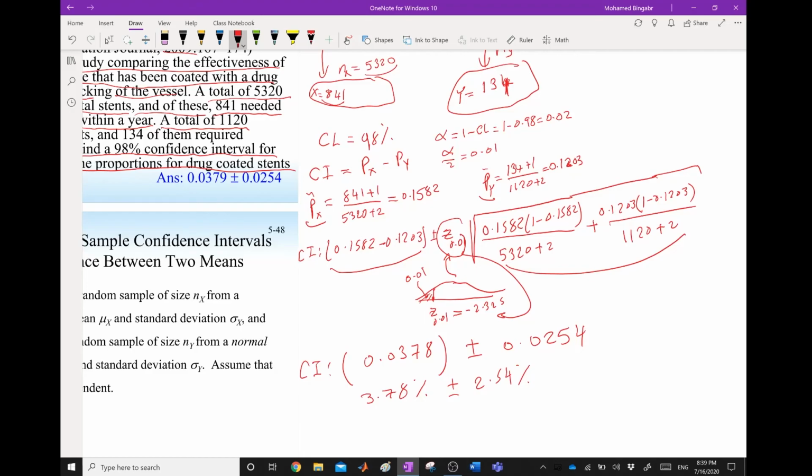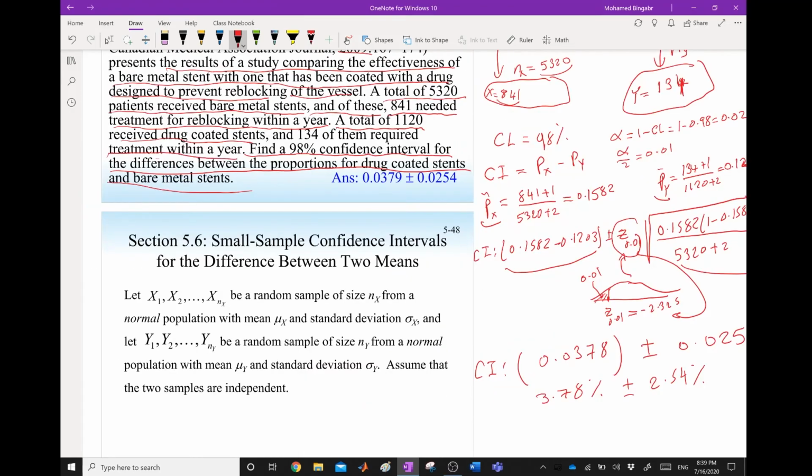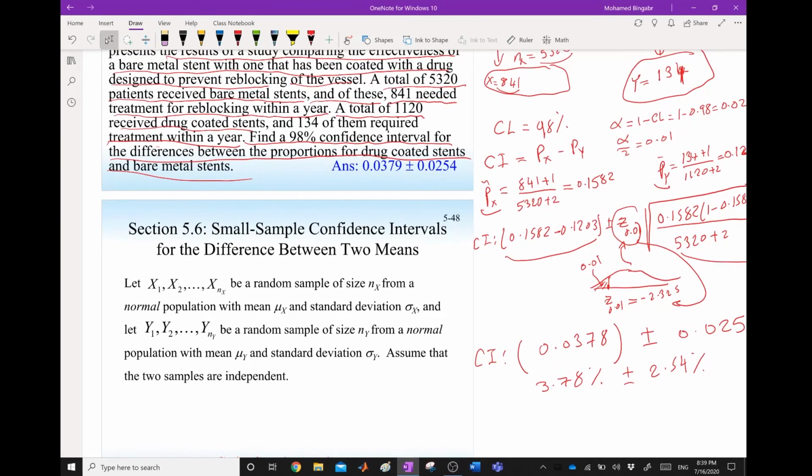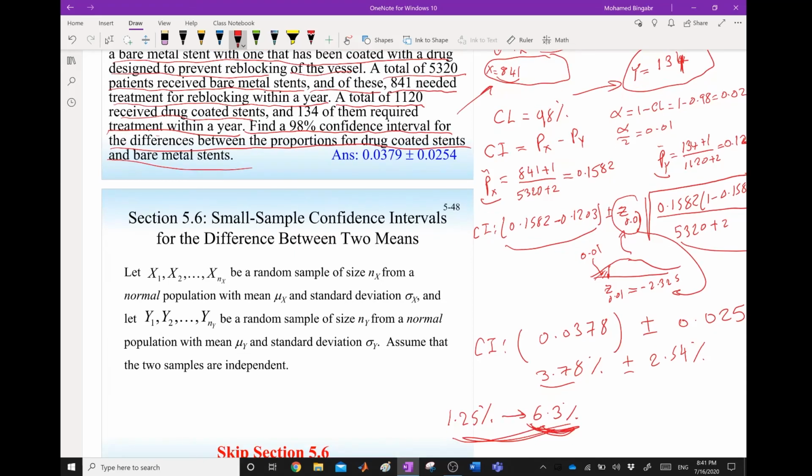So the difference in the proportion of patients that need treatment within a year after the surgery between the metal and the coated one could be as large as 6.3% when you add these two, and as low as 1.25%. So with the drug-coated stent, it improved the difference in comparison to the non-coated one, up to 6.3% fewer patients that need treatment after 1 year.